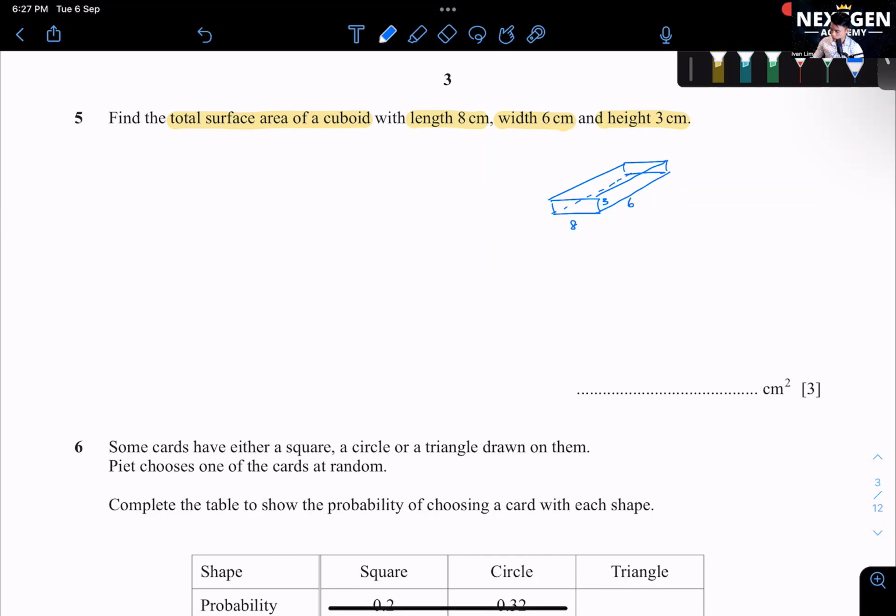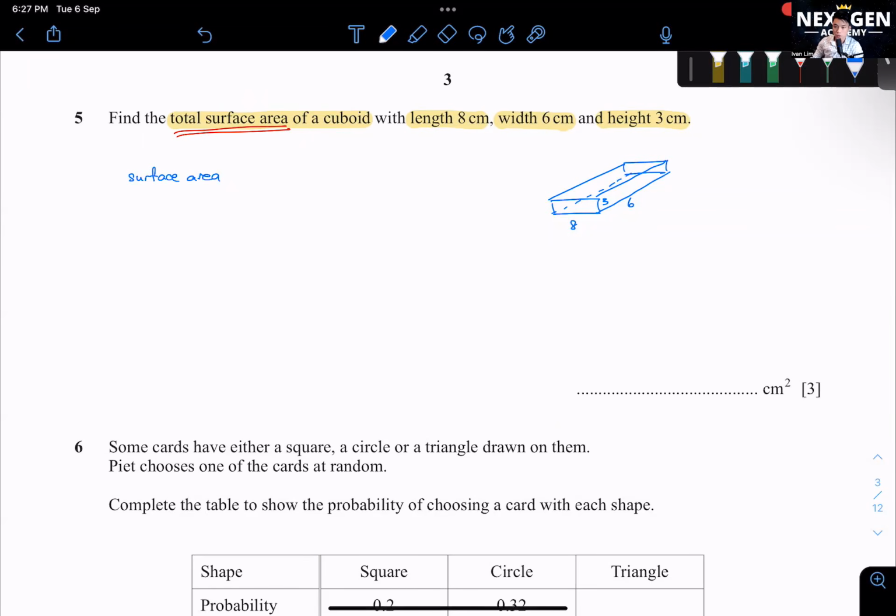So you need to break it down because they are saying find the total surface area. Everything 2 times. Wow, very good. Very good, Yannick and Crystal. So surface area, there are 2 same parts: top, bottom, front, back, then the side.